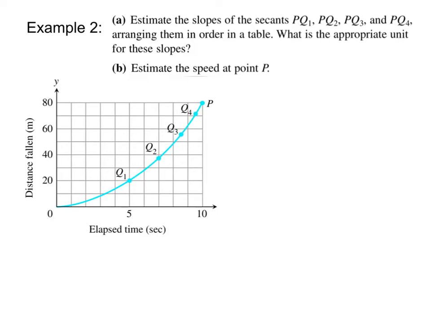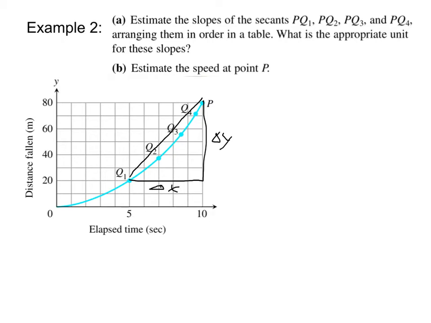So for the very first slope, I'll see if I can draw a line fairly well. I don't know, it probably won't be very good. But draw the line. We're just trying to find the line that connects P to Q1. So if we draw our little slope triangle, you can break it down into delta x and delta y.